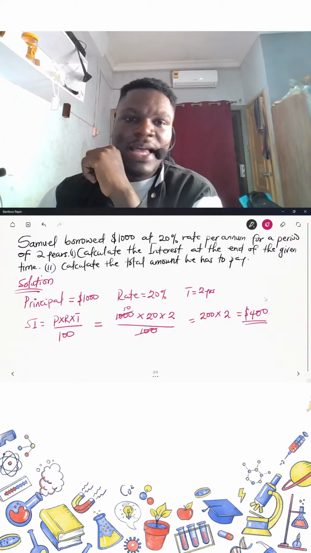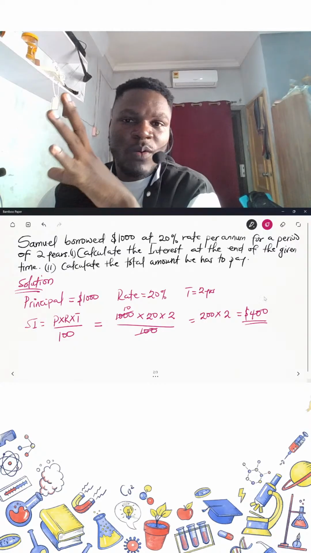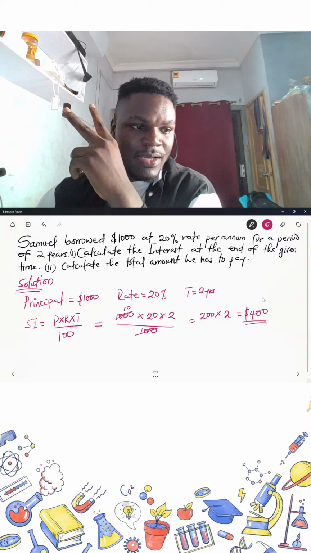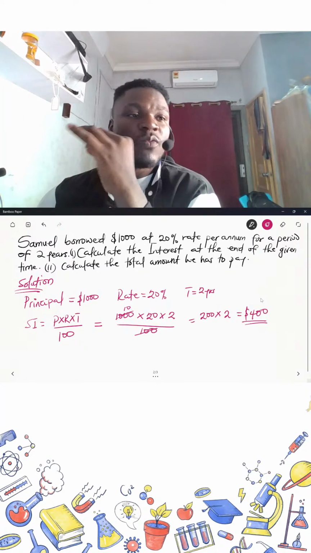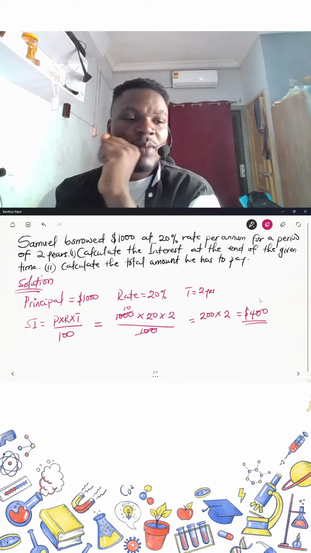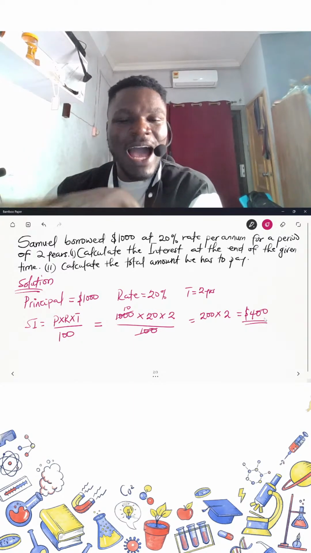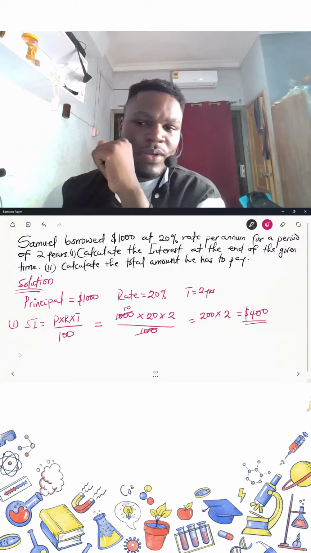What it means is that when I borrowed $1,000 at the rate of 20% per annum for 2 years, I'm going to pay an interest of $400 on the amount of money that I borrowed. This is my interest, which is the I part of the question. So I, which is the interest, is $400.